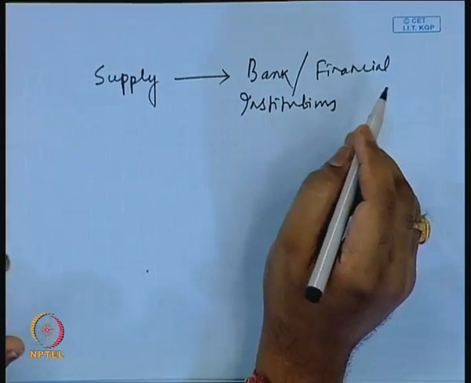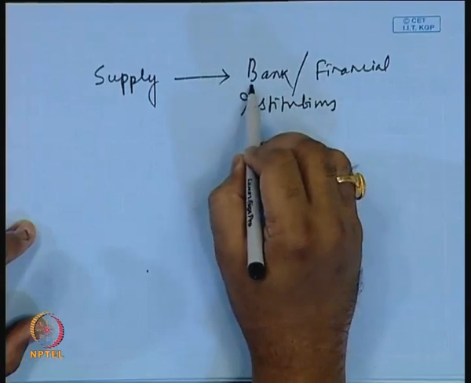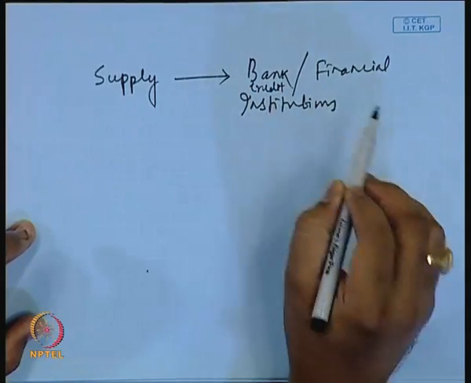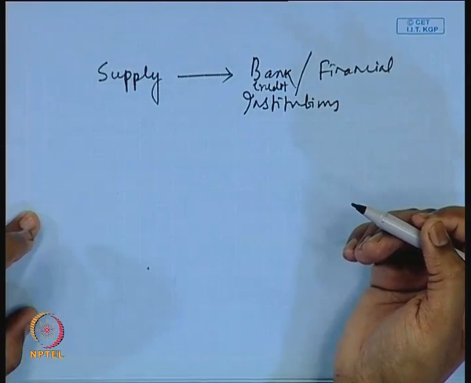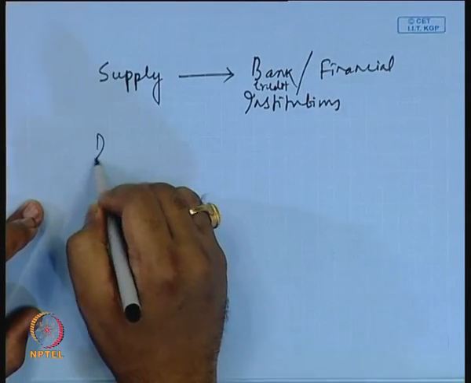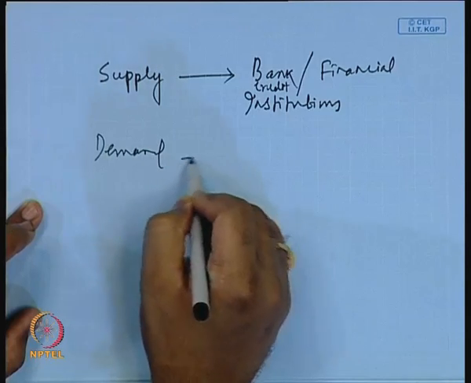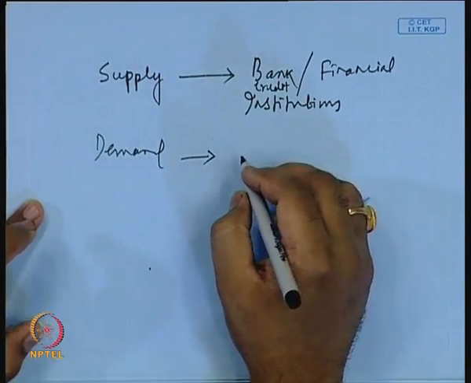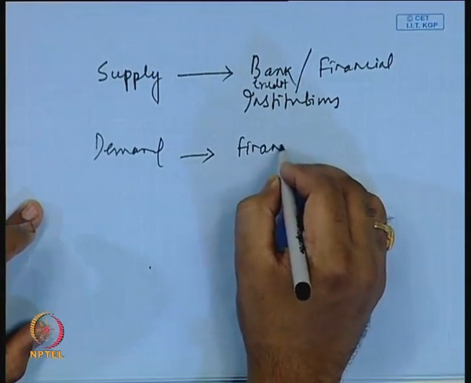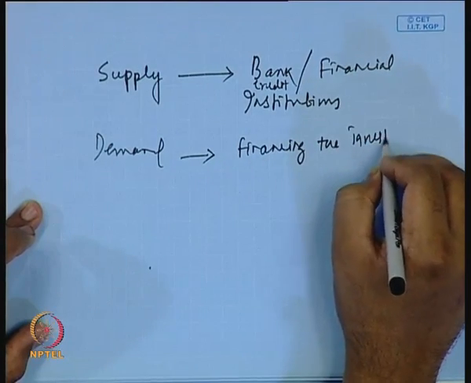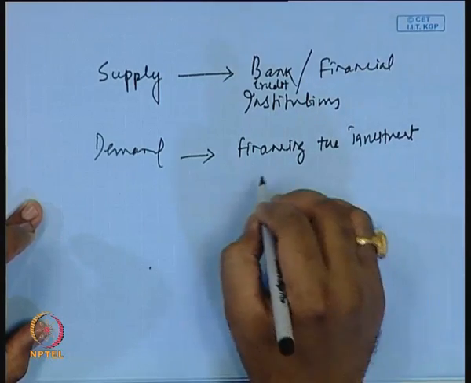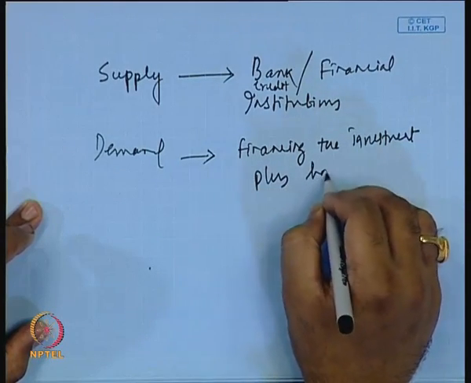That means the credit from banks and other financial institutions generally constitutes the supply side, and the demand side basically comes from financing the investment by the business unit plus holding cash.